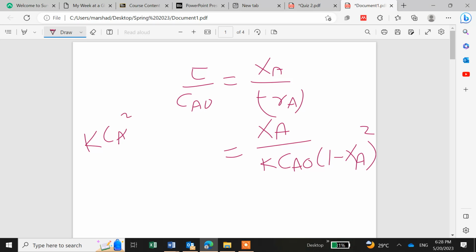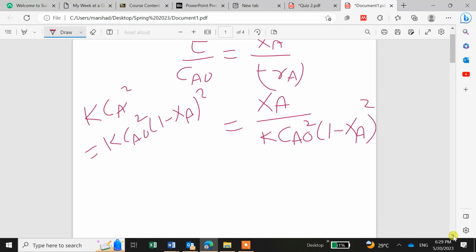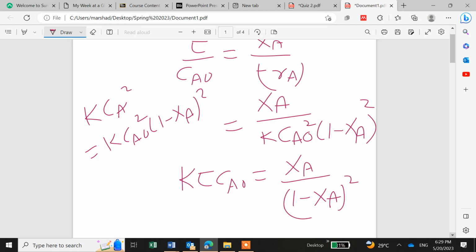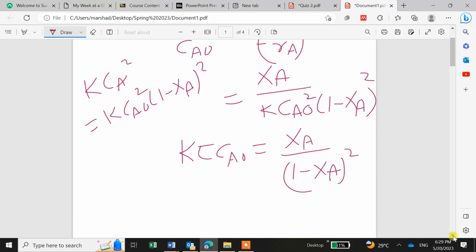So if you rearrange this equation, you will get K tau Ca naught equals XA divided by 1 minus XA square. So using conversion in tank 1, you can find K.